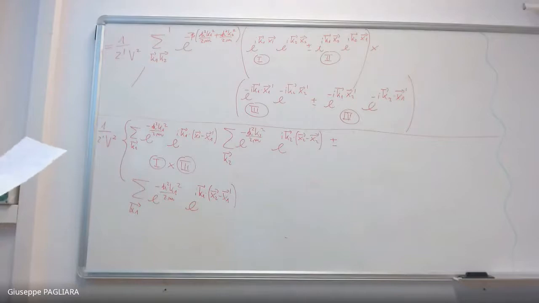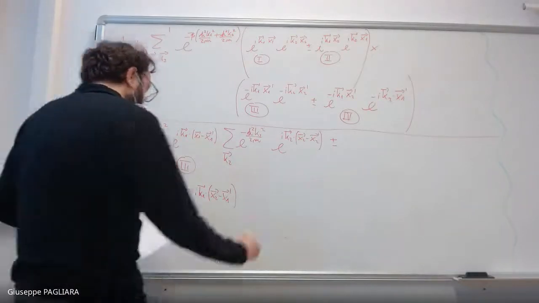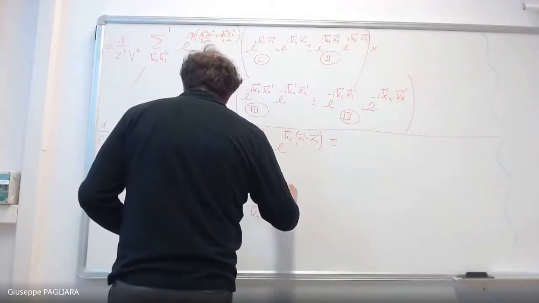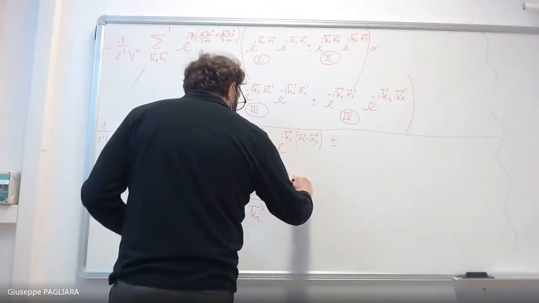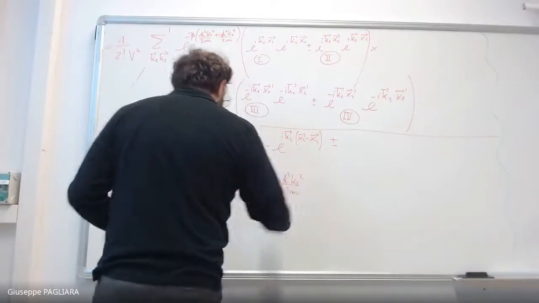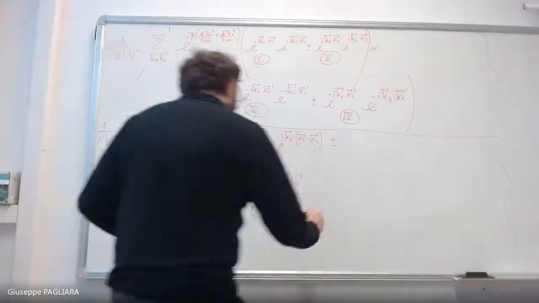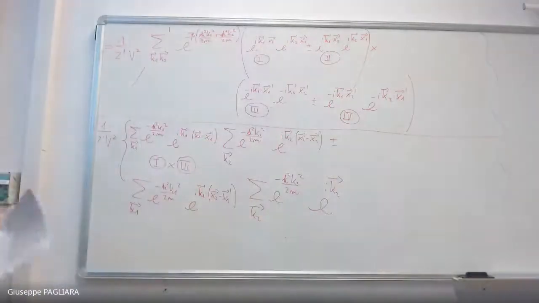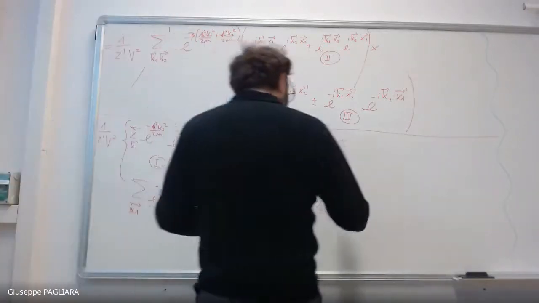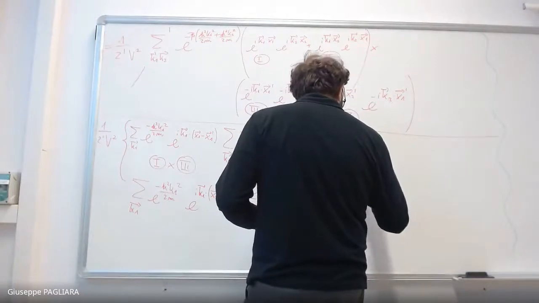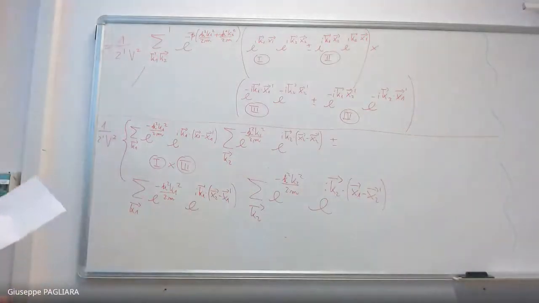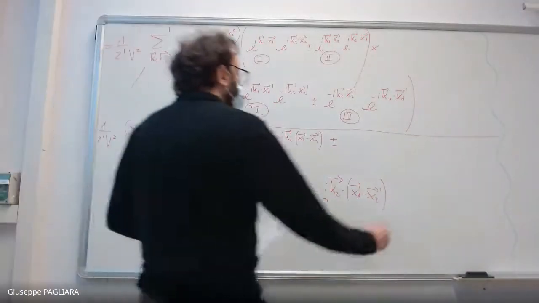Okay, this one. Then the sum over k2 of e to the minus beta k2 squared divided by 2m, and then I have the exponential. Here I should have a k2, and here I have x1 minus x2 prime. This is the product of 2 times 3.